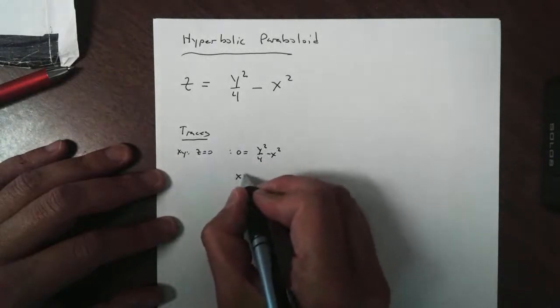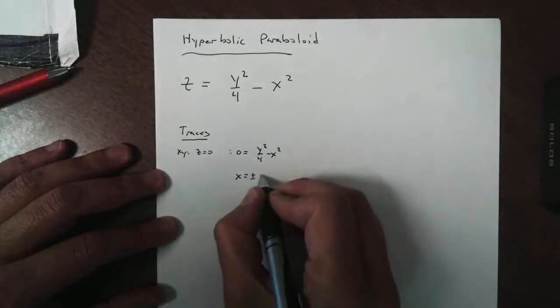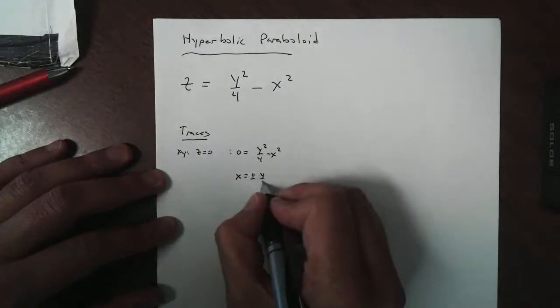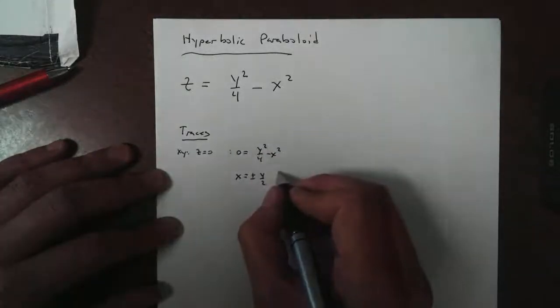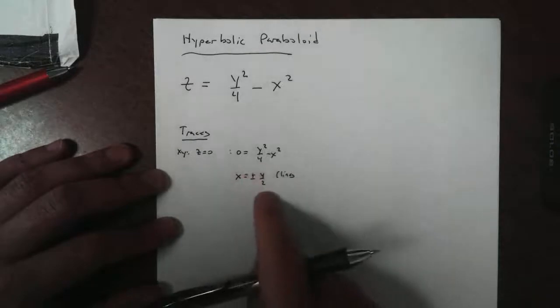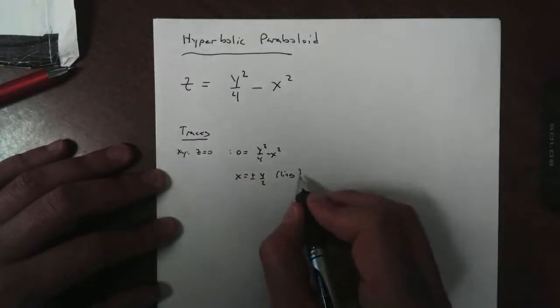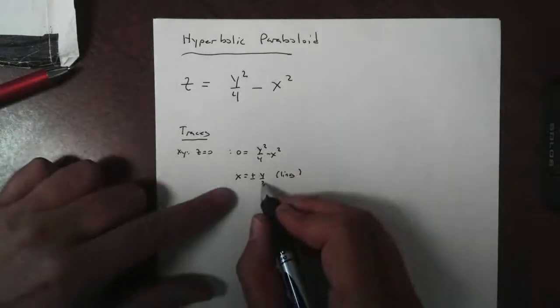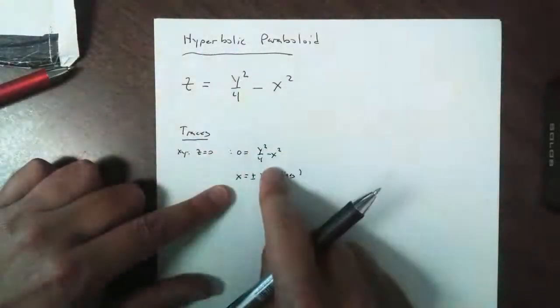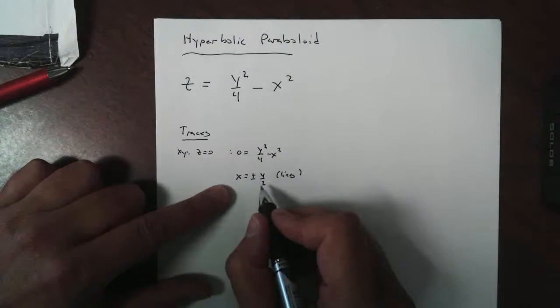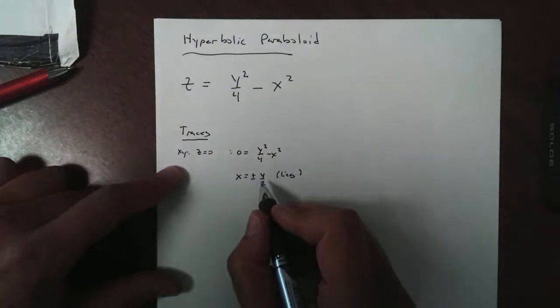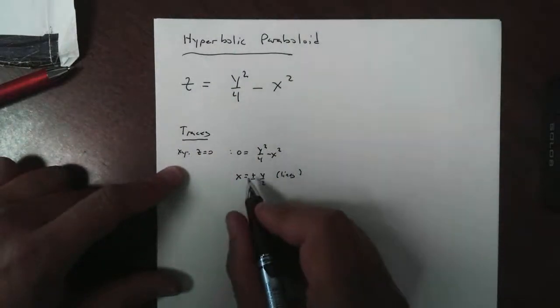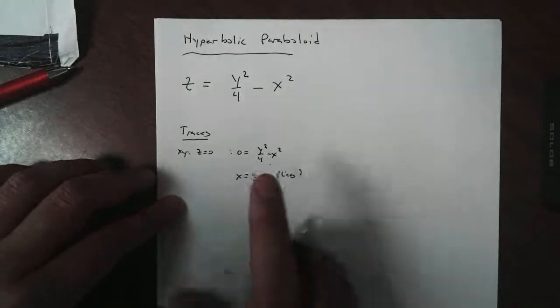So we would get the lines x equals plus or minus y over 2. That's a little bit tricky to deal with, but if we think in terms of hyperbolas, these are going to be the asymptotes on the xy plane.